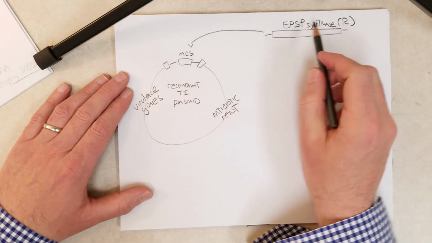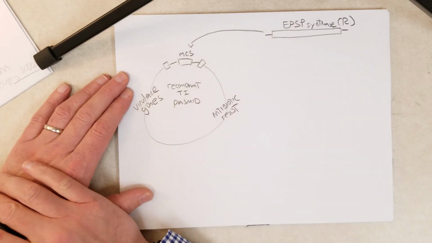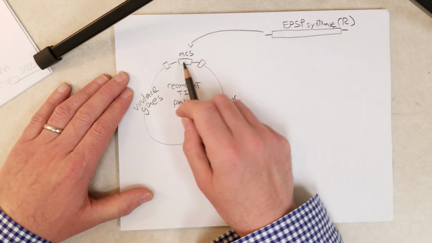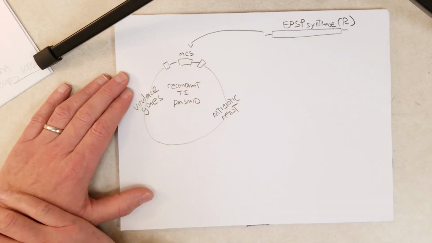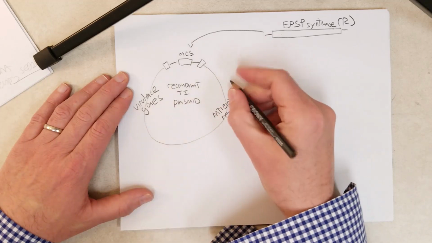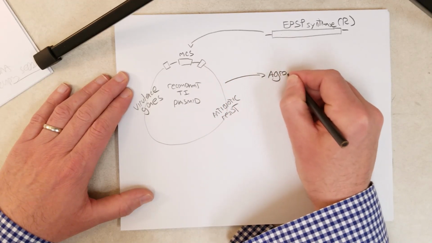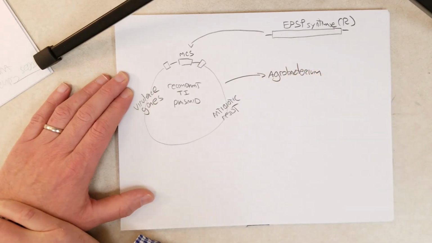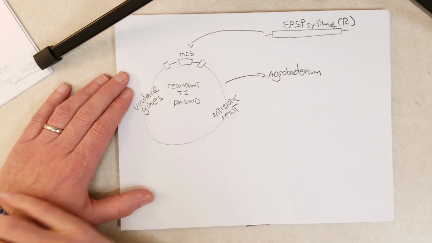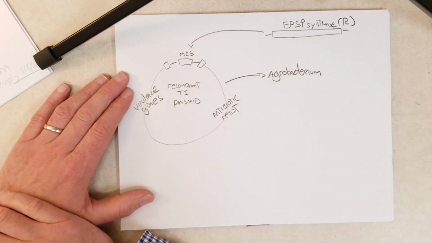We can use restriction enzyme based insertion into the multiple cloning site, which we talked about in a previous video. And then we need to get this into Agrobacterium that has been cured of its natural TI plasmid, and we can put this back into Agrobacterium.